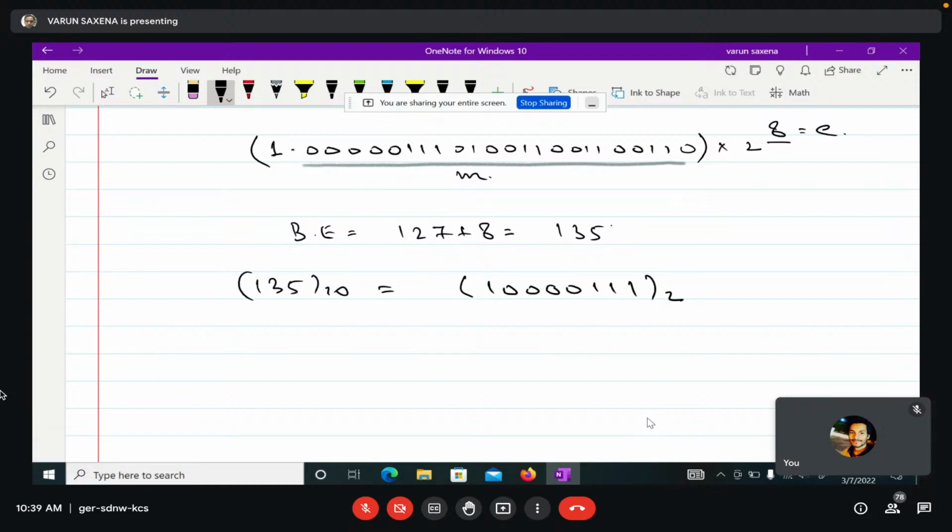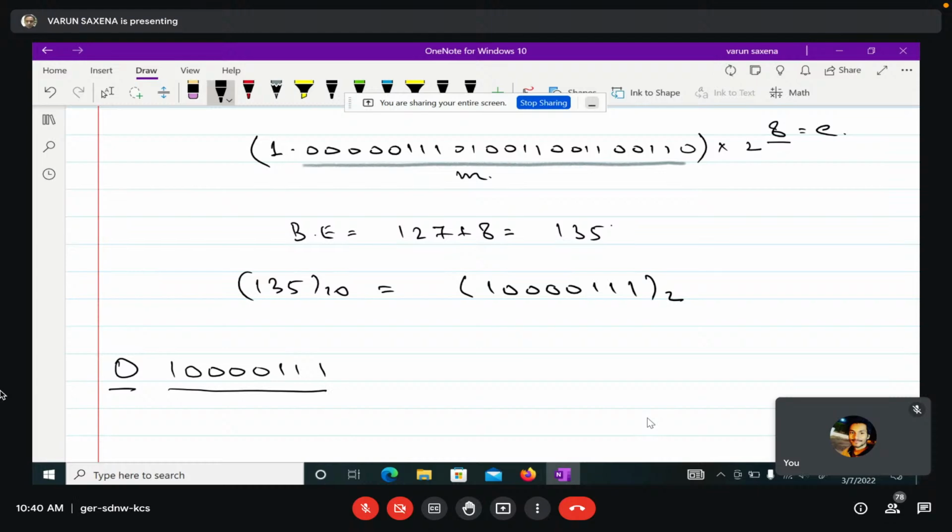So now we need to write it. We have the biased exponent, we have the Mantissa, and we know that it's a positive number, so the sign is 0. So this is 0, then you have 1 0 0 0 0 1 1 1. So this is done.